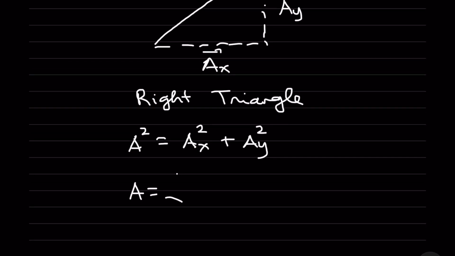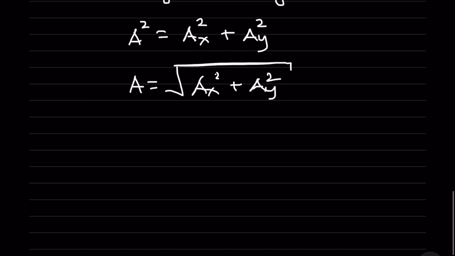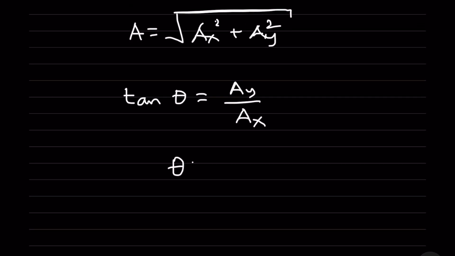So using the Pythagorean theorem, the magnitude of vector A is equal to the square root of the sum of the squares of the two sides, ax and ay. So for angle theta, we write tangent theta equal to ay over ax, or the ratio of the opposite and adjacent sides with respect to the angle.